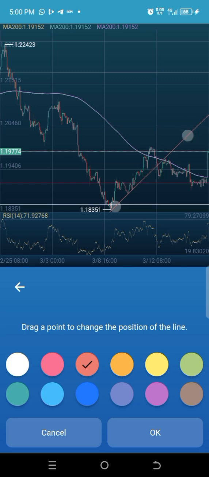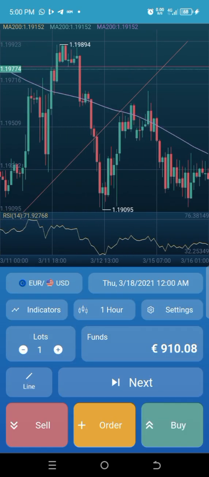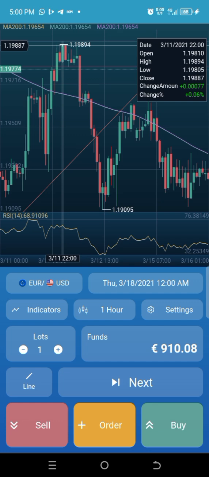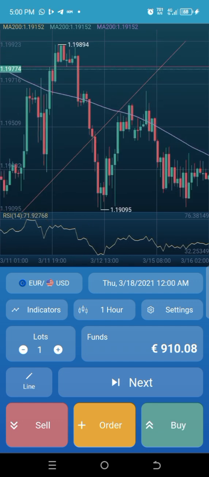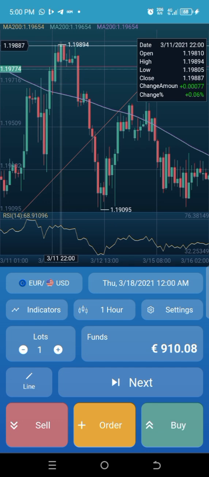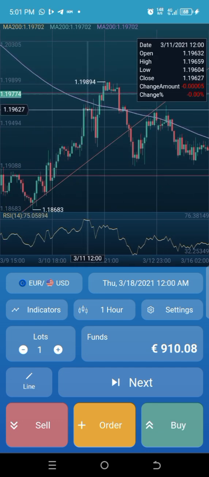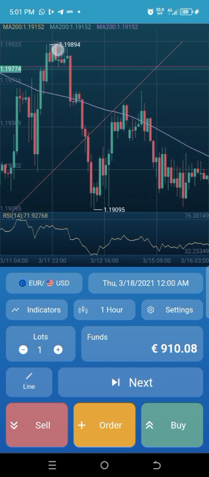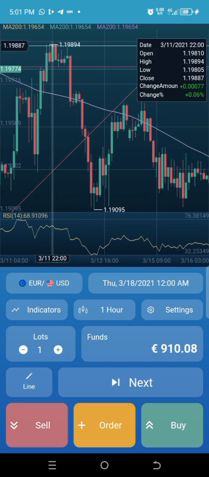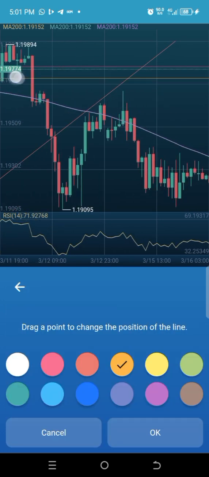Okay, you're valid. Let's see if there is an overbought or oversold area. Not overbought. Is there divergence, no divergence? Actually, there is. Let's see. 76, 68 divergence actually. Area of interest would be here.